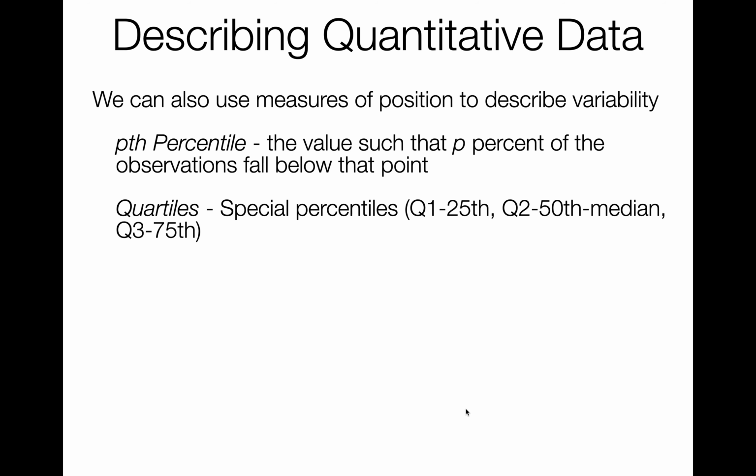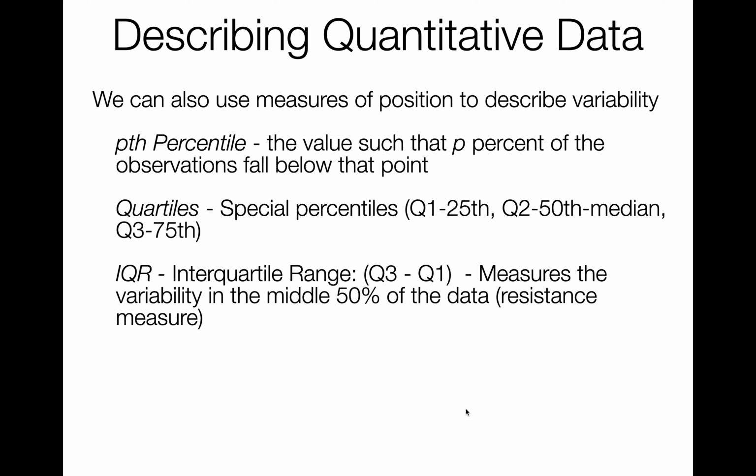All right, so we have percentiles and quartiles, and that leads us to another measure of variability. Okay, and that measure is called the IQR, or interquartile range. You find the IQR by taking Q3 minus Q1.